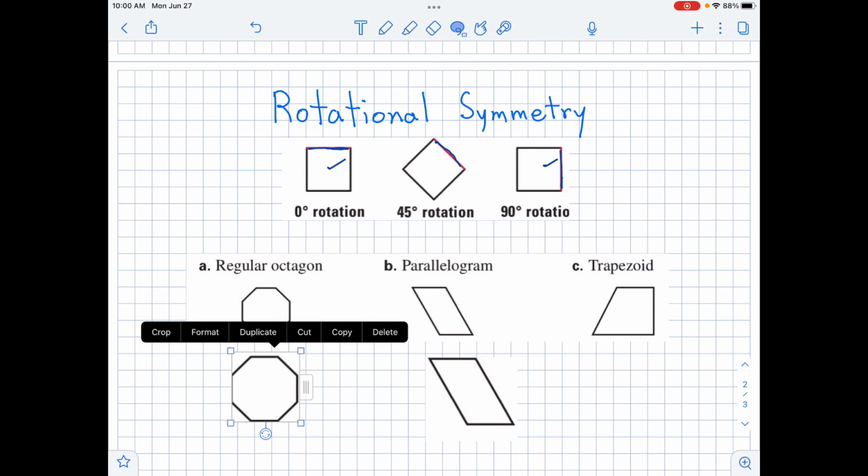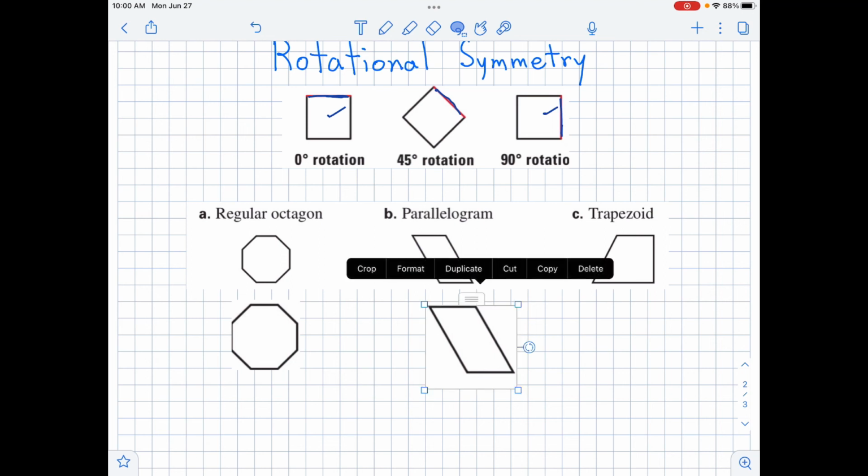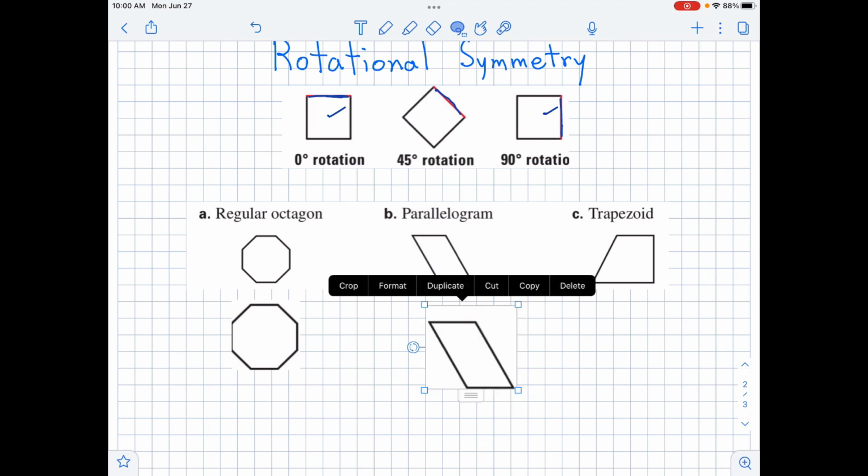Now, over here, this one. Okay, rotational symmetry. Notice this one doesn't look so much like it does, but look, if we rotate it 180 degrees, we kind of get the same thing back. This is called rotational symmetry. Now, this trapezoid doesn't have any.